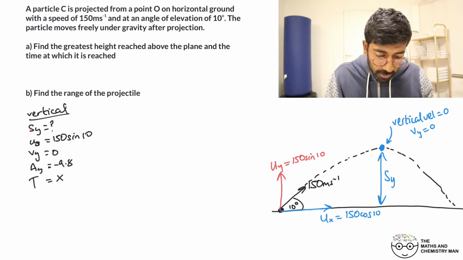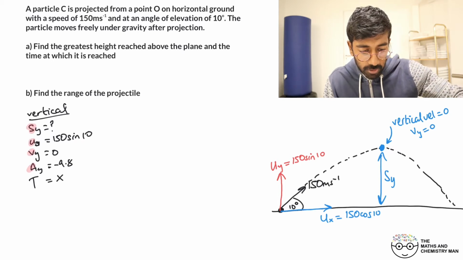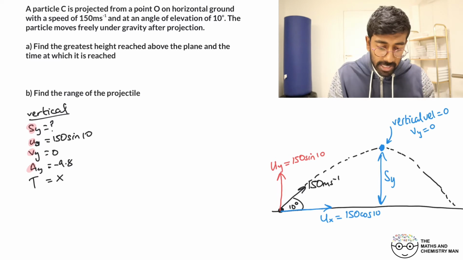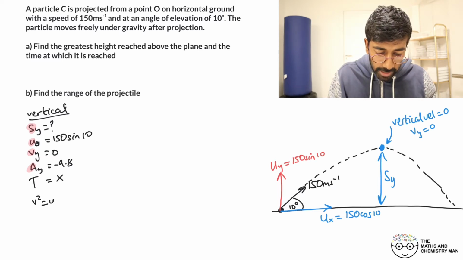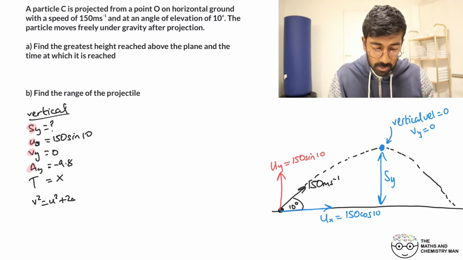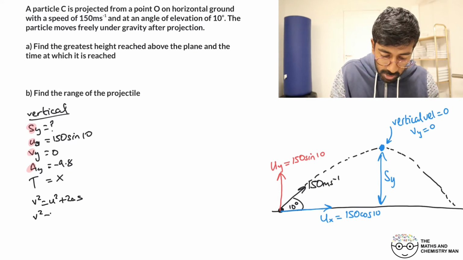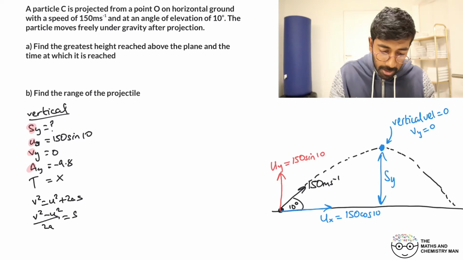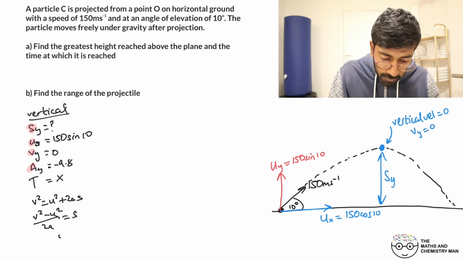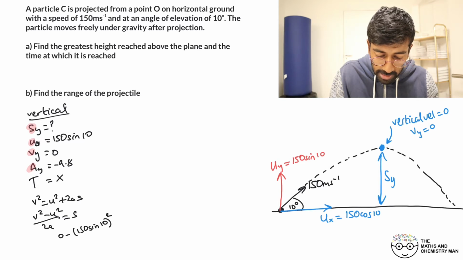And so what have we got? S, U, V, and A. That looks like enough info to use v squared equals u squared plus 2as. We need to do a little bit of rearranging because we want s. So that will be v squared minus u squared, divided by 2a, is going to equal s. Let's just slap in the numbers. So that's going to be 0 take away (150 sin 10) all squared, divided by 2 lots of minus 9.8.